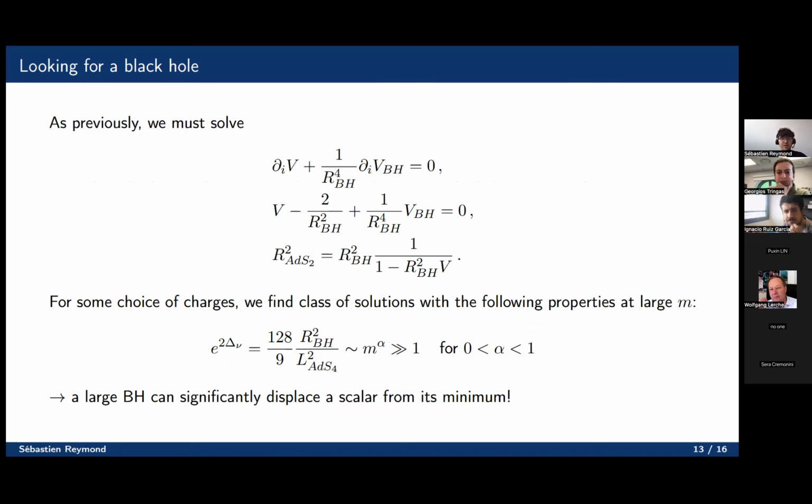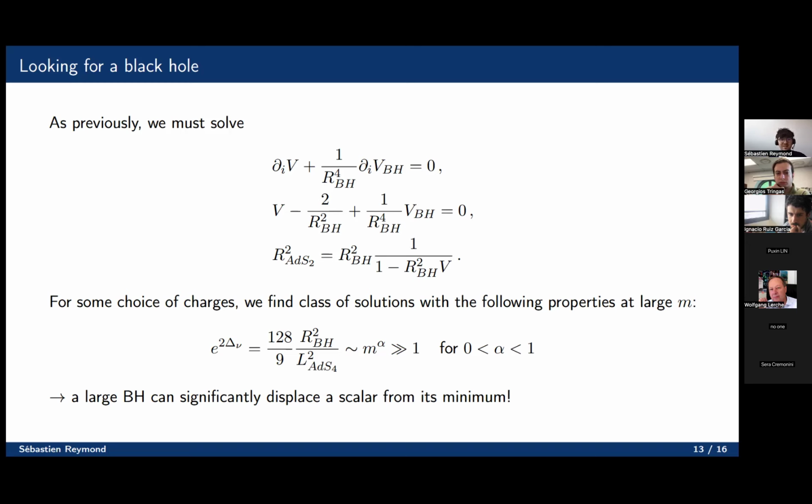And ν3, the distance it travels is given by this Δν in the equation. And so the distance depends on the size of the black hole, R_BH, in AdS4 units, which for a class of solutions goes like M to the α for α some number between 0 and 1. Since M is very large, this becomes very large, and so you get what we were looking for, a large black hole that can significantly displace a scalar from its minimum.